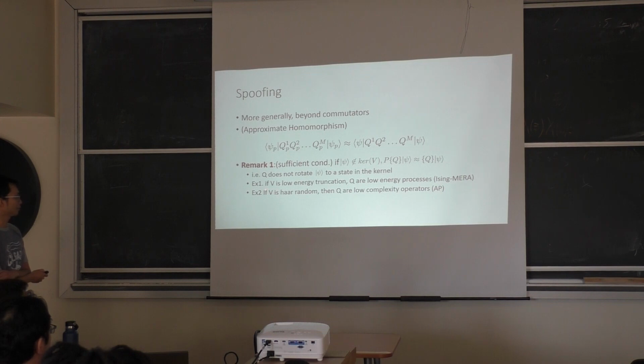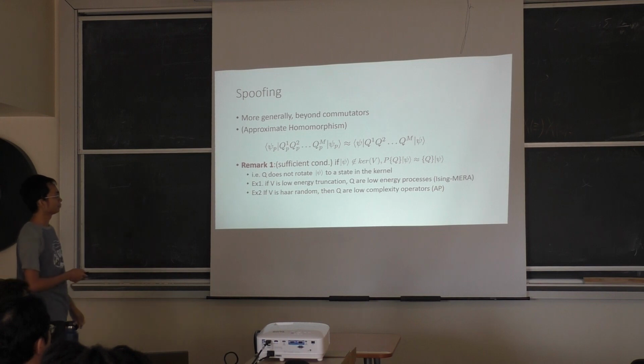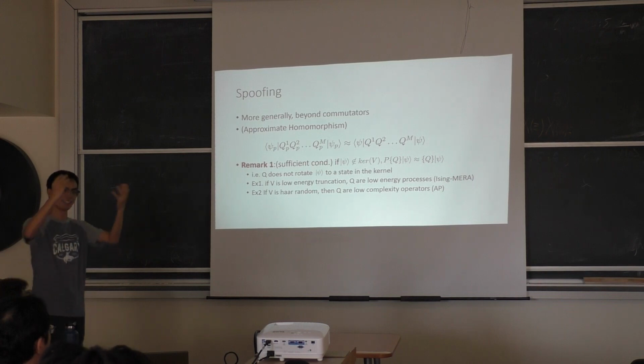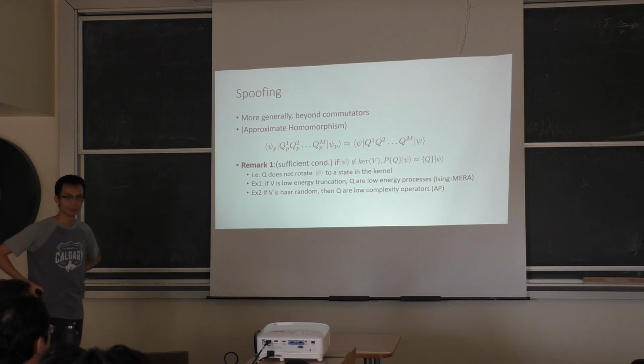To give an example, in the one we saw before, if you construct a non-symmetric map by energy truncation, such that you map all the high energy states to 0, then the Q are basically the low energy processes. They don't map you from low energy states to high energy states; they map you within the low energy subspace. In this case, with this kind of state psi and Q, you're fine. So those are well approximated.